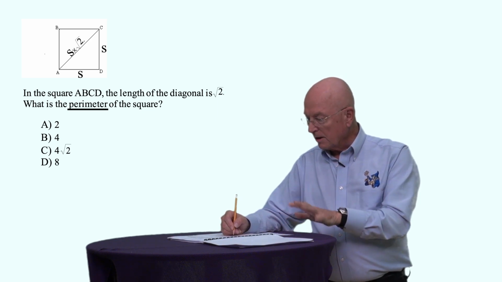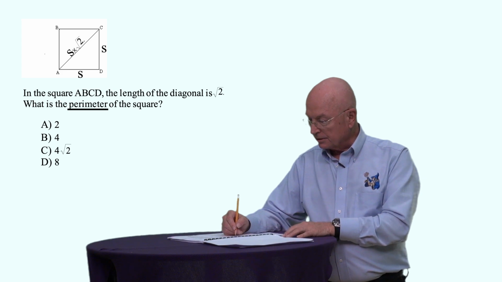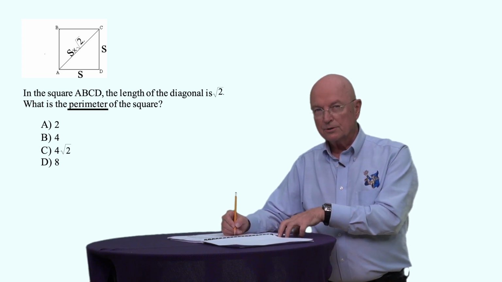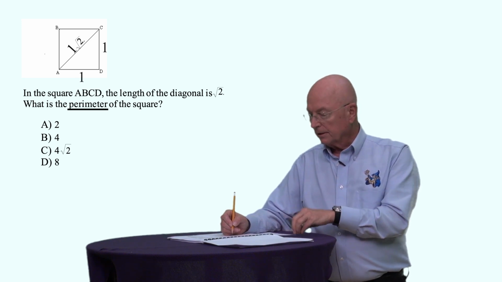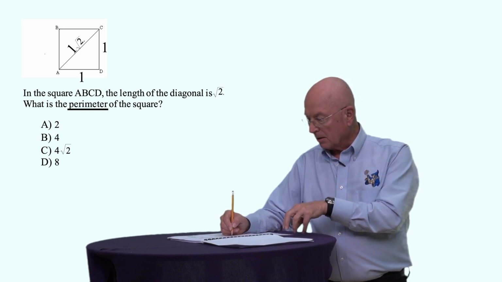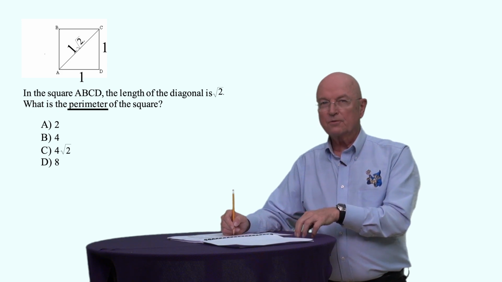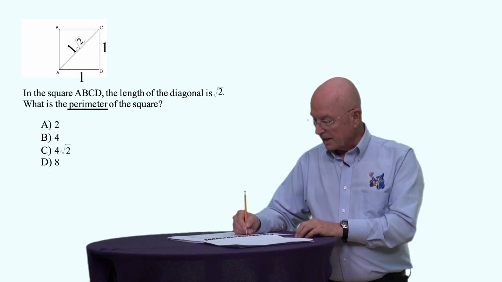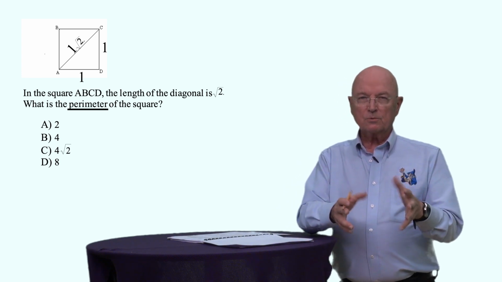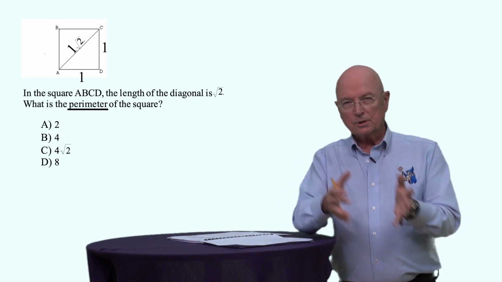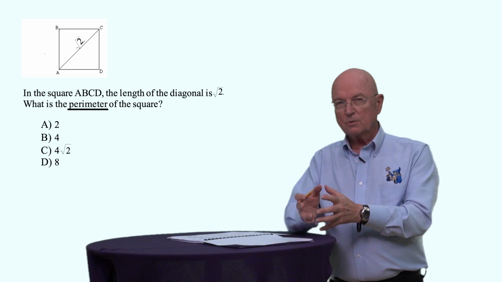Well, right away we've got this flag that tells us the sides have to do with the relationship with the square root of 2. This is 1 times the square root of 2, so the lengths of each side are 1, and 1 times 4 is 4. That leads us to answer B, and we're all done. Geometry teacher's happy. You've got the right answer. Circle it in your book, bubble it in, and move on to the next question.